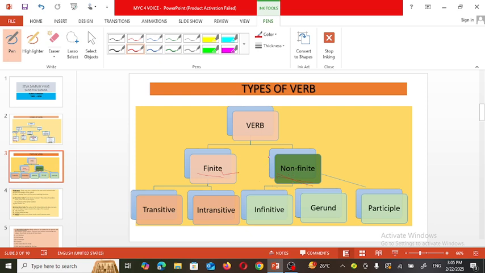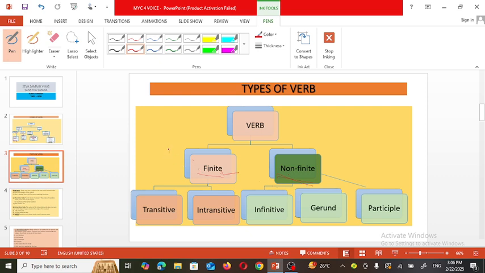Let's see examples of finite and non-finite verbs. In finite, you can see the sentence "She is playing tennis." Here it is she is.